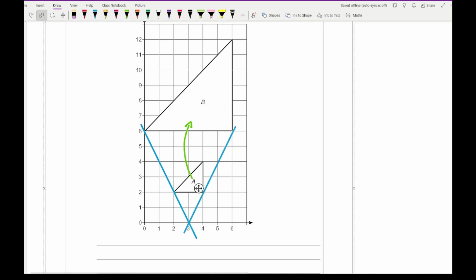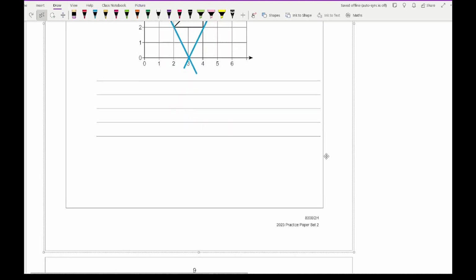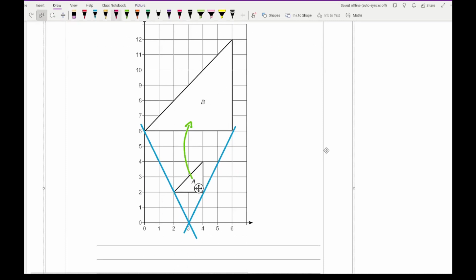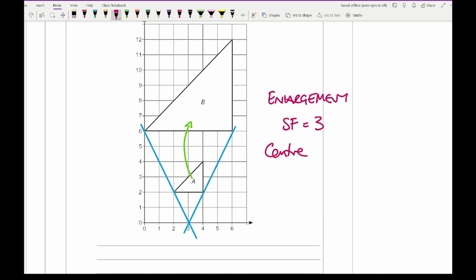So for the 3 marks, I would say it's an enlargement of a scale factor. Now it's going to be from A to B, so it's going to be of 3, not a third, and the center is 0, 3, 0.